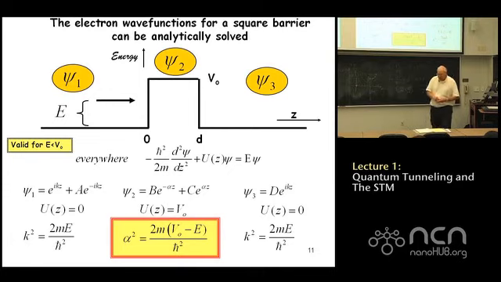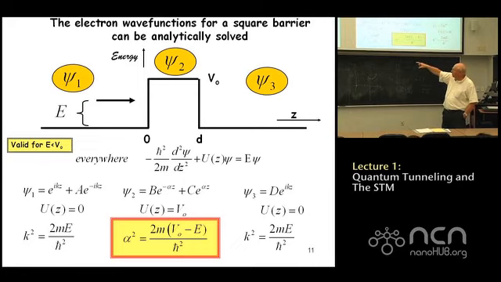And it turns out, using Schrodinger's equation, you can solve for the wave functions to the left of the barrier, to the right of the barrier, and in the middle of the barrier. These solutions are called psi 1, psi 2, and psi 3, and the solutions involve complex notation.